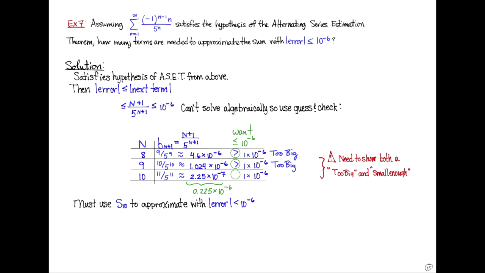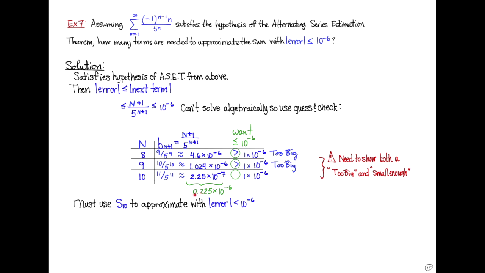Then, if we're approximating our infinite sum with the first 10 terms, the first term that we're not using would be 11 over 5 to the 11th. And that's approximately 2.25 times 10 to the negative 7th, or if it's easier, you could think of this as 0.225 times 10 to the negative sixth.